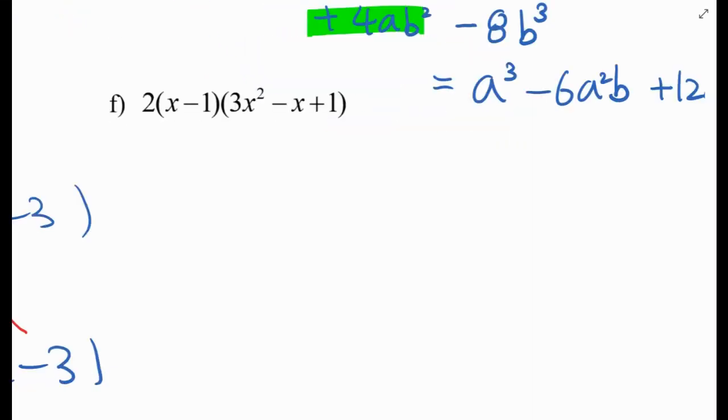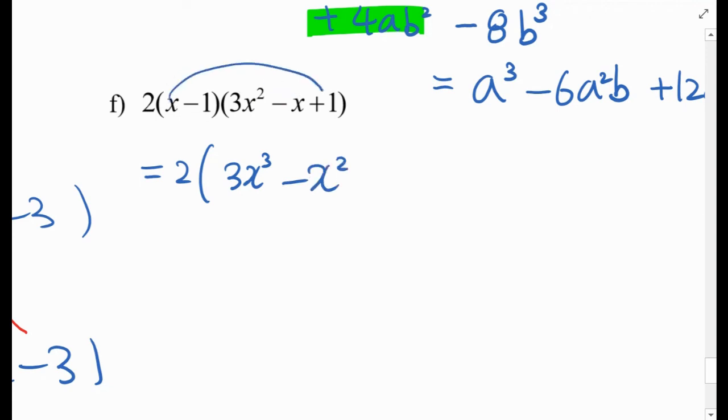Okay, look at F. So what we're going to do is we're going to FOIL this and multiply 2 after, right? So x times 3x squared is 3x cubed, x times negative x squared, x times positive 1, negative 3x squared. Negative 1 times negative x is positive x.